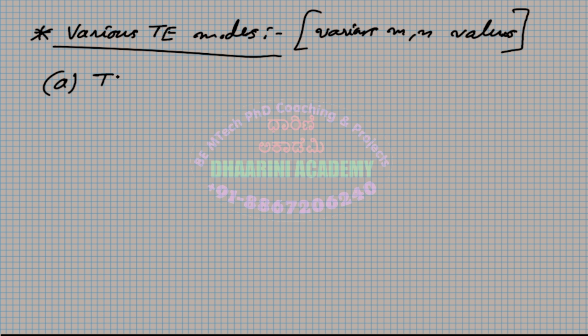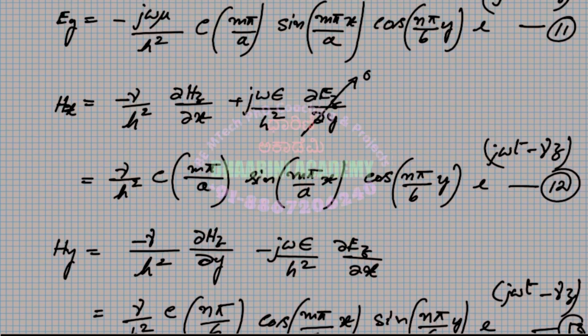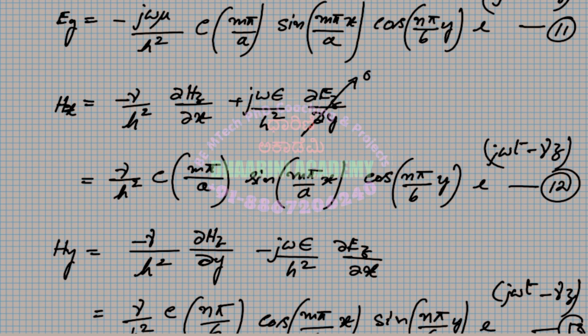So just tell me whether TE00 exists or not in the above equation. I'll show you the equations also. Just see these equations and tell me whether you can put m and n both as 0, 0. You need to identify what's going to happen when both m and n become equal to 0.